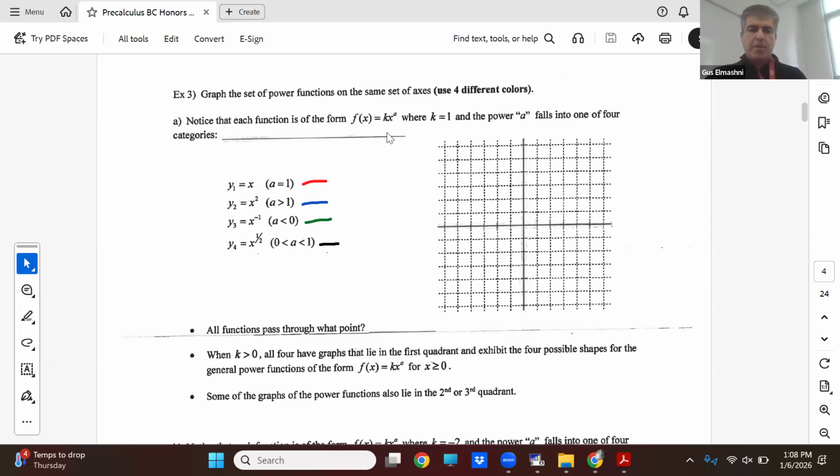A represents the exponent, right? Remember, A is your exponent. The first one's pretty easy. What is that going to be? Yeah, it's just a line. How about black, which was x squared?